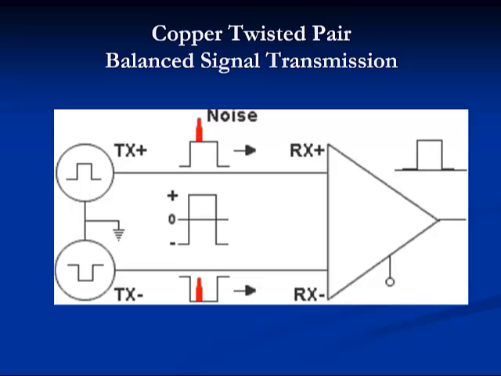Twisted pair cables utilize something called balanced signal transmission. The signal traveling on one conductor of a pair should have essentially the same path as the signal traveling in the opposite direction on the other conductor. As signals travel along a pair, an electrical field is created.